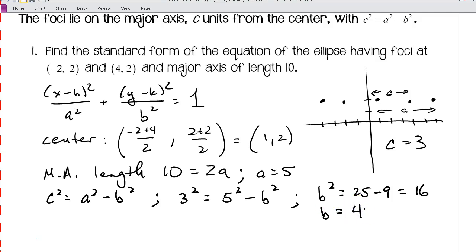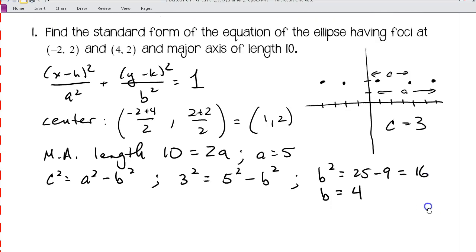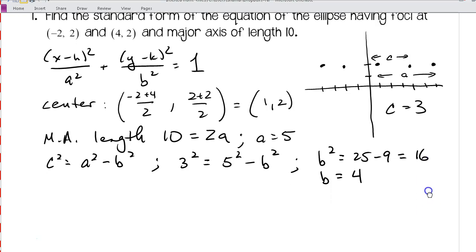Now normally we would do plus or minus 4, but we're talking about a distance here, so we don't really need that negative answer. So once I have a, and I have b, and I figured out what my center is, that's all I need to complete my standard form.